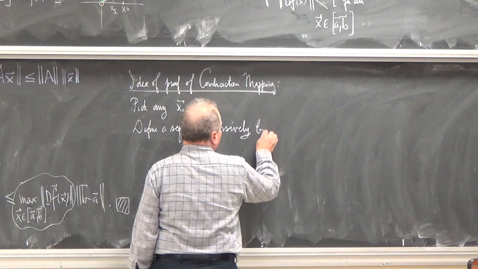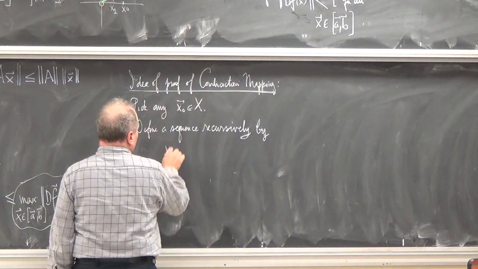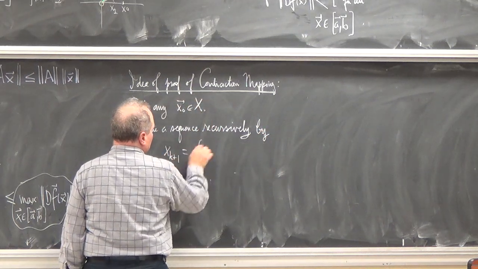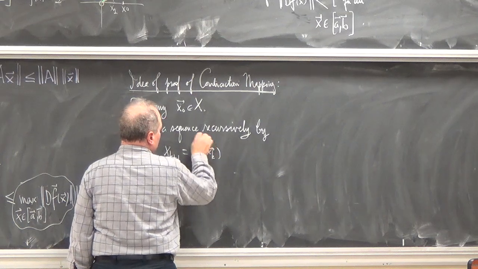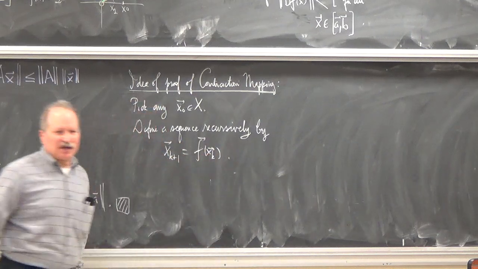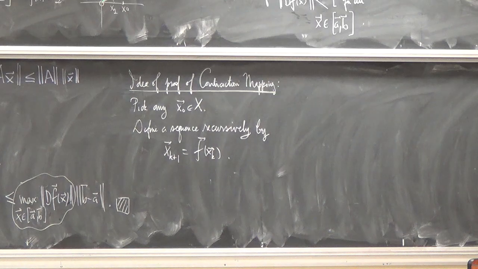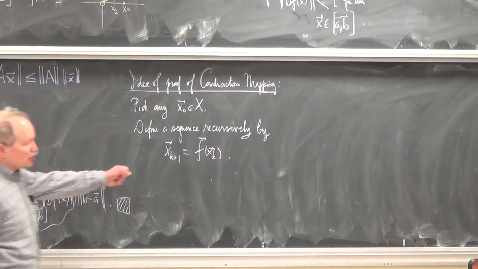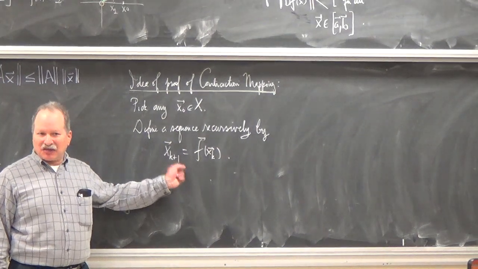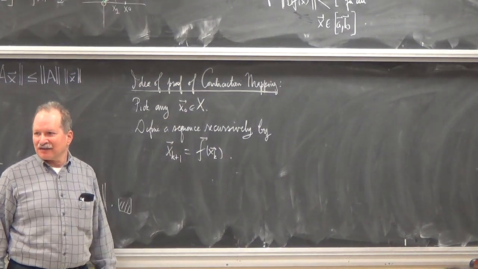By saying, once you have x sub k, plug it into f, and that gives you your next element, x sub k plus 1. You proved last semester, again, that if this sequence converges, the thing it converges to is a fixed point.